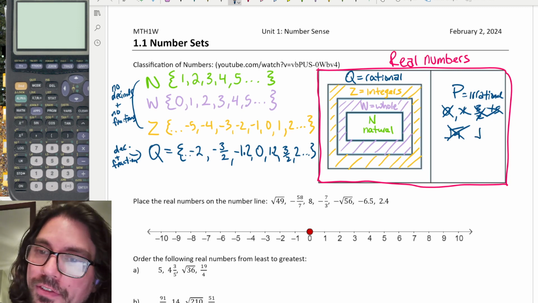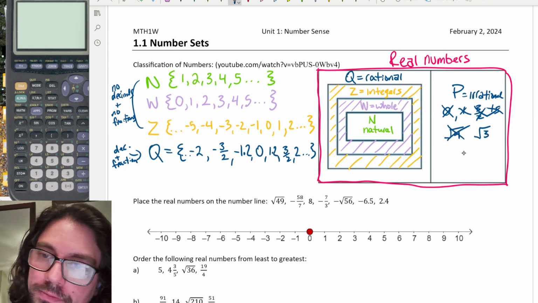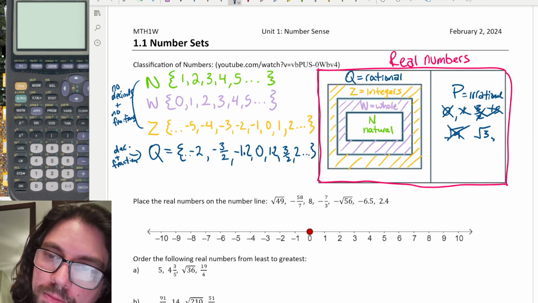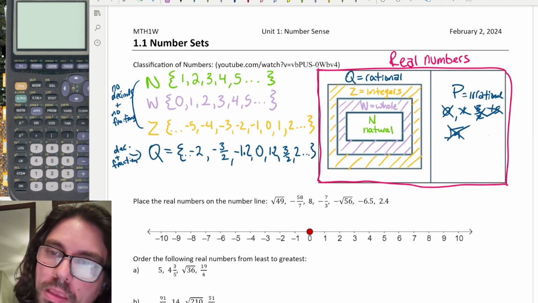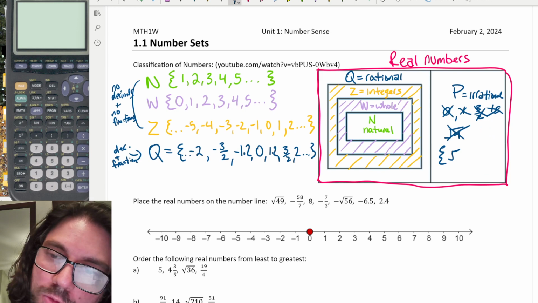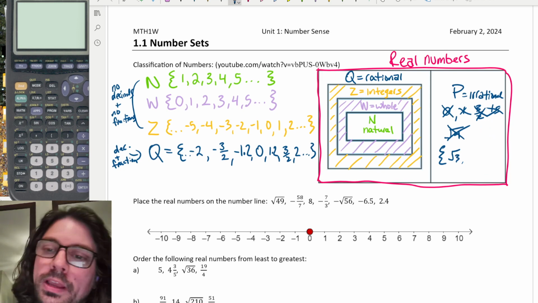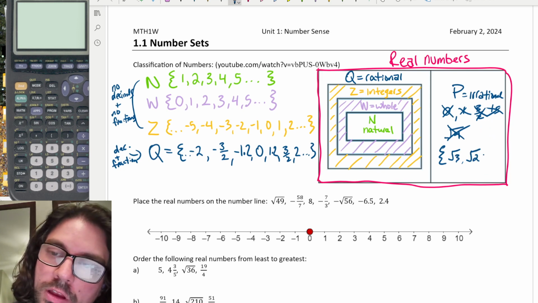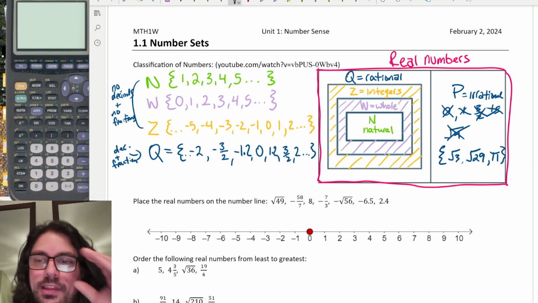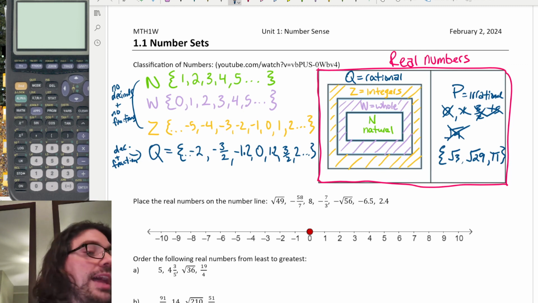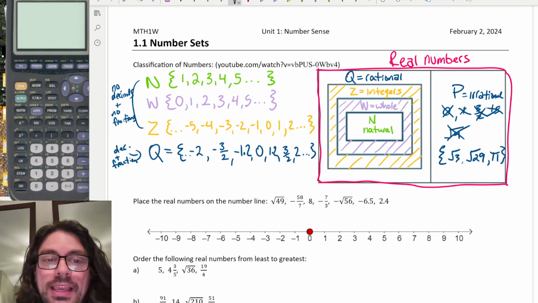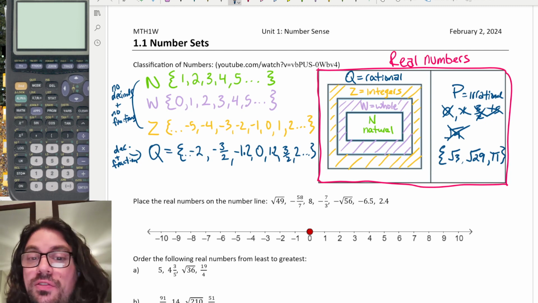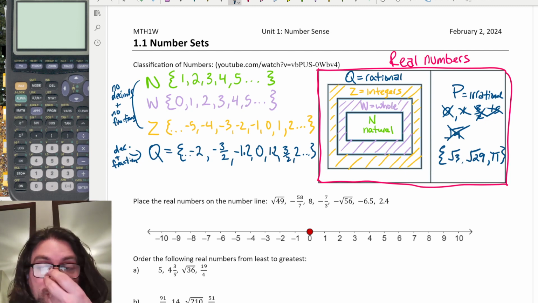But what we could have is the square root of 3, or we could have the square root of 29, or we could have the number pi, or any number that can't be expressed as a rational number, can't be expressed as a fraction of integers. So that's our number set.